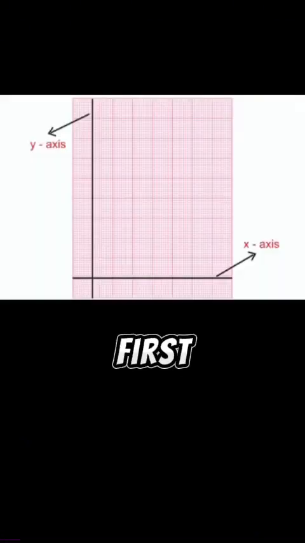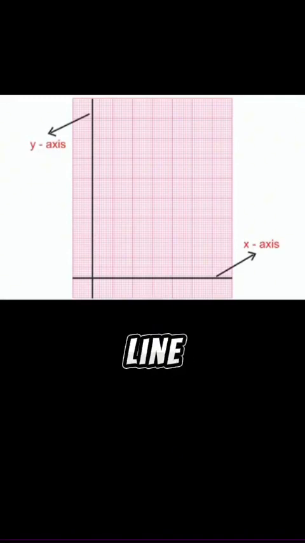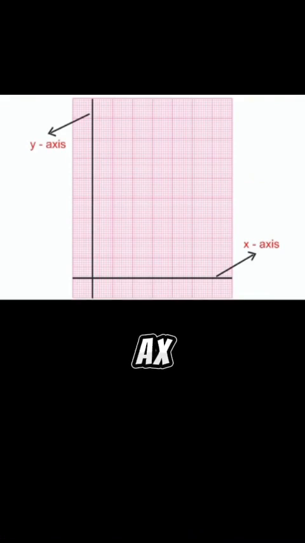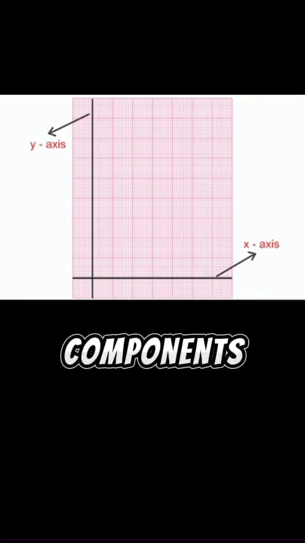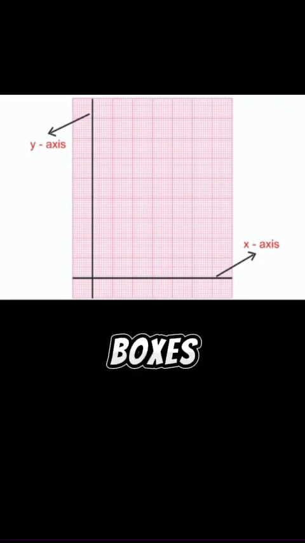This first part is the graph labeling. Now if you look at the graph, I have my y-axis, that's what we call the vertical component of the graph, and likewise the other side is the x-axis, that's the horizontal component. On the vertical axis I have 12 boxes, and on the horizontal there are 10 boxes, which shows that the graph is 12 by 10.